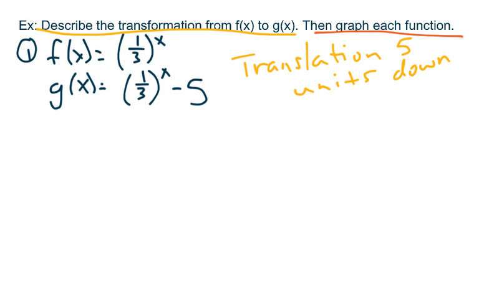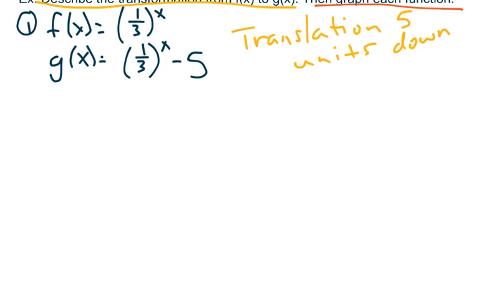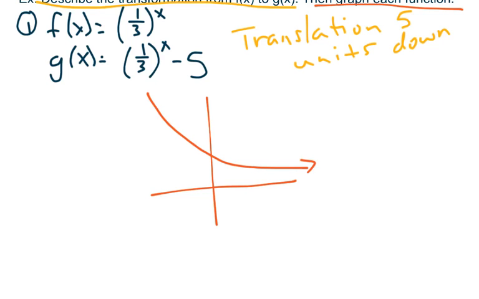Now the second part, graph the function. I'm just going to do some sketches. You can feel free to do some sketches as well. I know that 1/3 to the x power is going to look something like this. It's an exponential decay function. It has that general shape. Going 5 units down means we just take each point and shift it 5 units down.